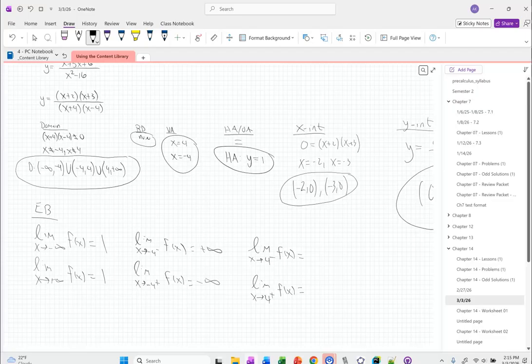So negative infinity. So doing okay? Now we'll pick a value less than +4, like 3.9. So positive, negative, positive, positive, negative. And then I pick a value bigger than 4, say 4.1: positive, positive, positive, positive, positive.